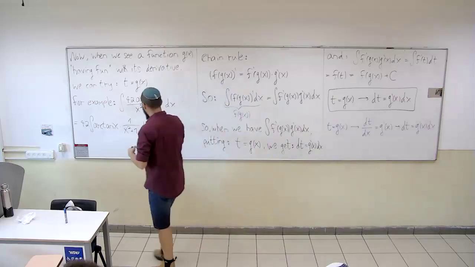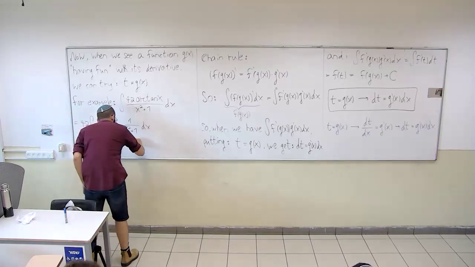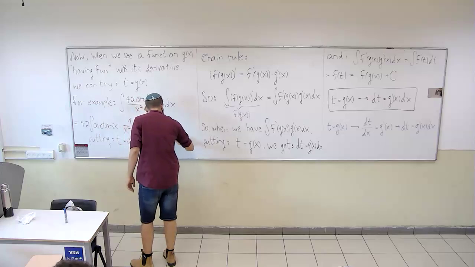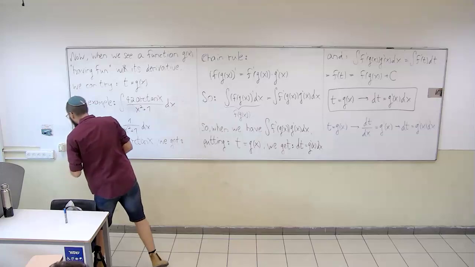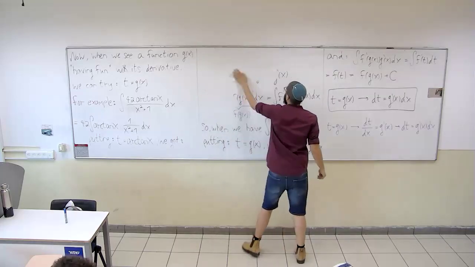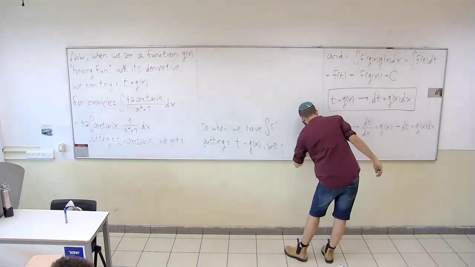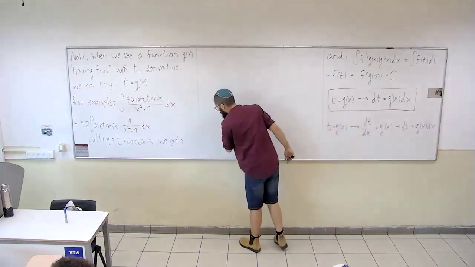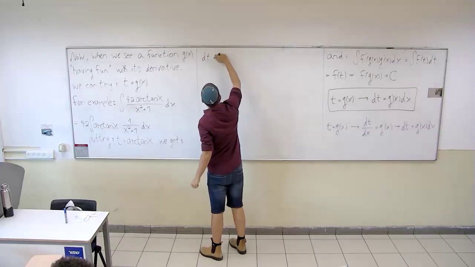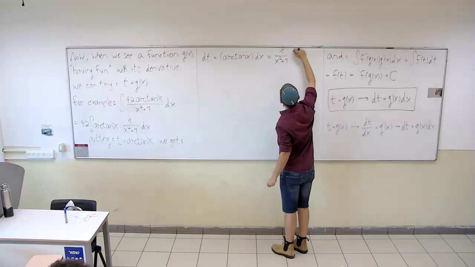If we put t equals arctangent x, then dt is the derivative of arctangent x dx, which is dx over x squared plus 1.